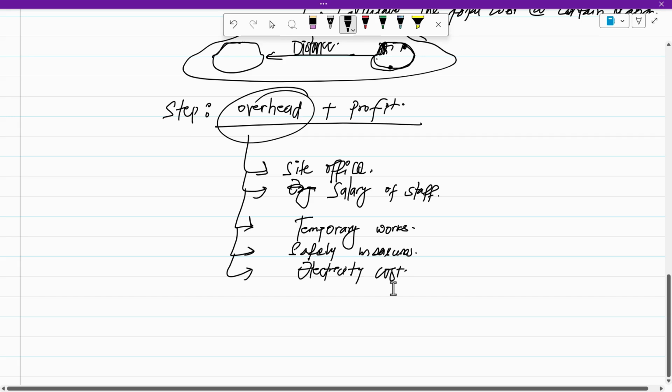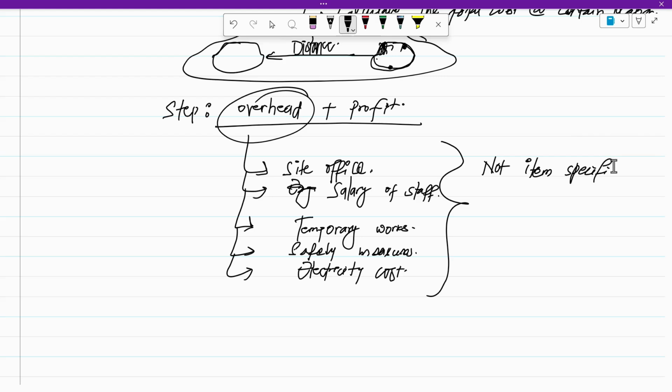Okay, so these things, they are not item specific. I mean, you're not paying the staff just for the concrete work, just for the brickwork. You're paying the staff on the monthly basis for all the works, right? They are necessary for the project to run, and this is normally 5% of the total cost.